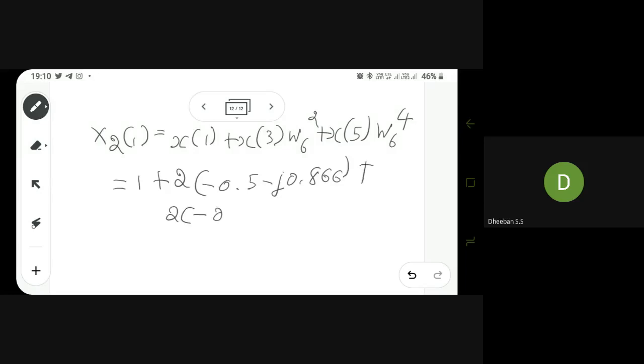If you're doing the theoretical calculation, you can take it similar to your iteration methods. In the iteration Newton-Raphson method, we'll be doing like this, right? So the same thing. So plus j into 0.866. So this will be equal to minus 1. So x2 of 1 is minus 1.